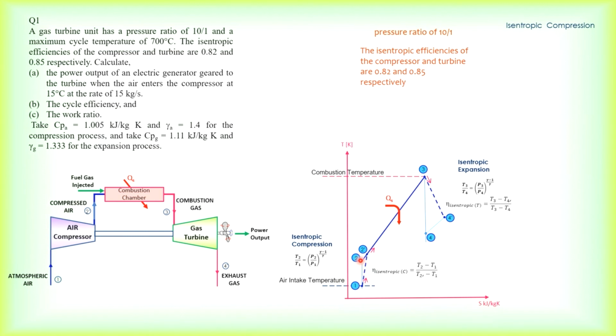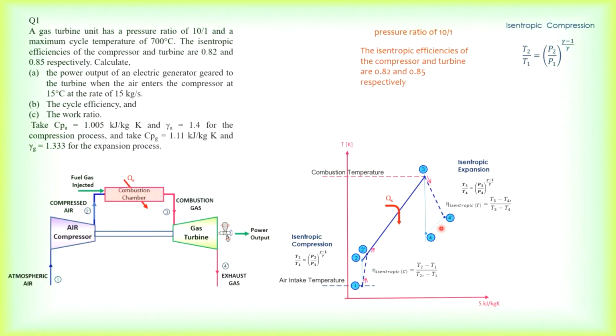So what we need to do is use the isentropic relationship first to find out T2. So using the isentropic relationship between temperature and pressure, we know the pressure ratio. They have given us a pressure ratio of 10:1. So that means this will be 10 and here this will be 1.